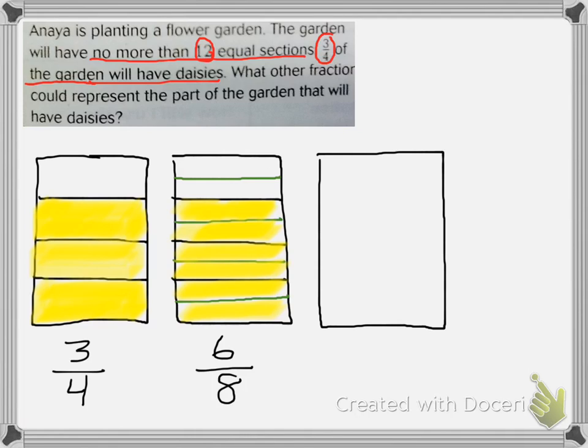What if, all right, so now I'm going to make those fourths again. And I'm going to make 2 parts out of each fourth again.